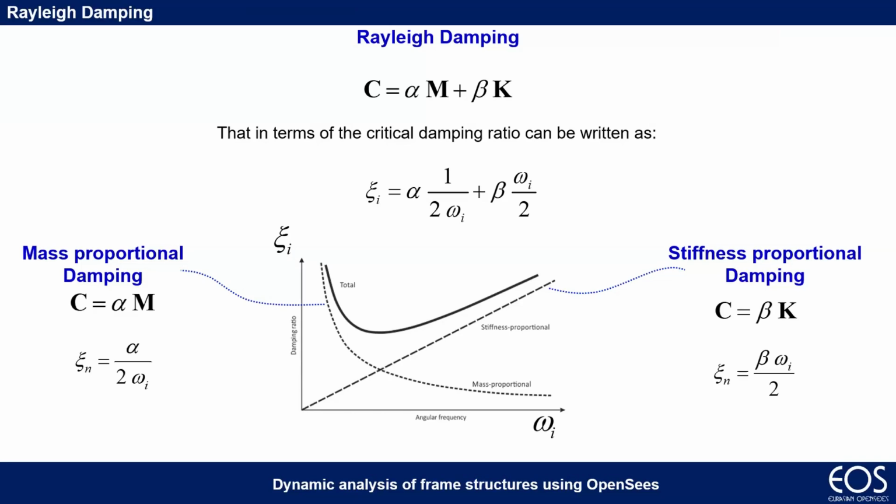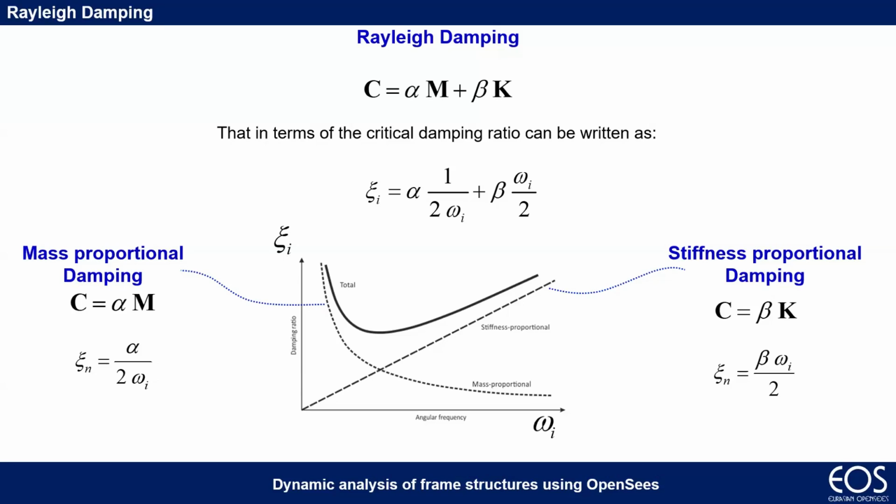Rayleigh damping, I think you know, is just a linear combination of mass and stiffness matrices, okay? It's just a sum of the two terms, the two matrices, with two parameters, alpha and beta, that just modify the weight of the two matrices, okay? It's just a particular case of Caughey damping for just the first two terms of the sum.